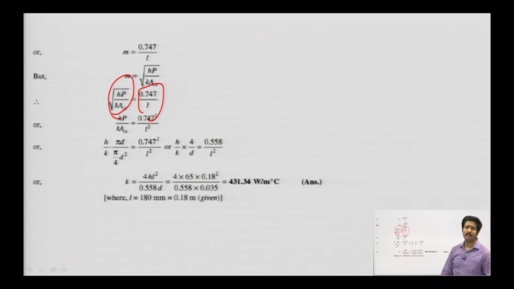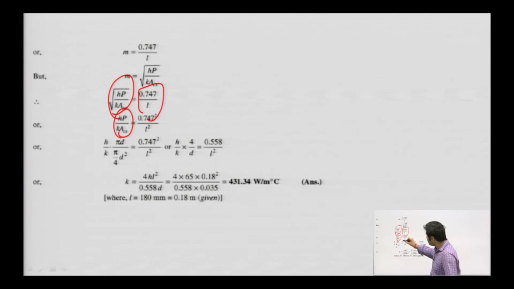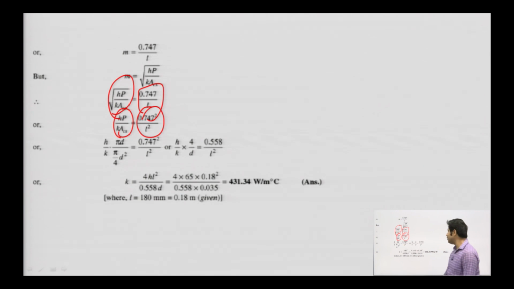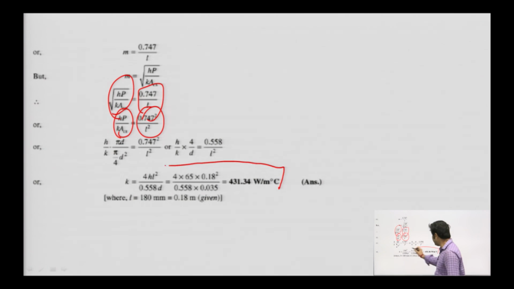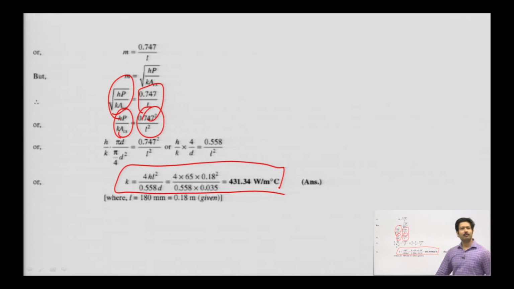It's just normal mathematics, because you cannot actually go step by step on the screen, but when you start calculating it, everything will fall into place. So it is hP by kA by this, and then you need to calculate the value of k. So finally here you are done with the value of k, right?